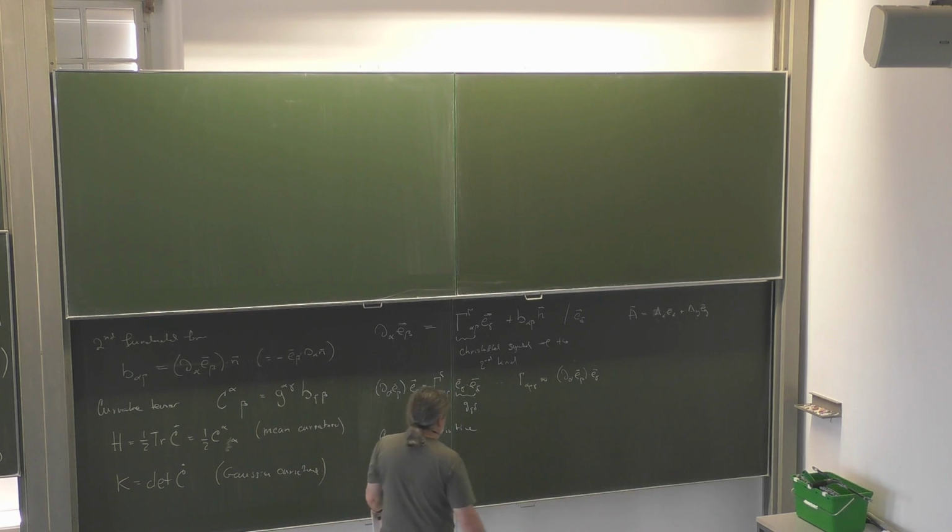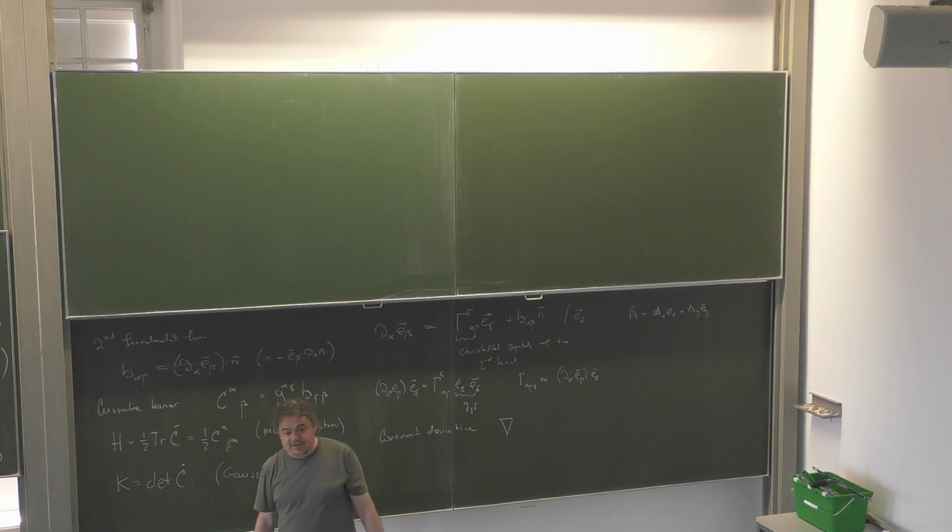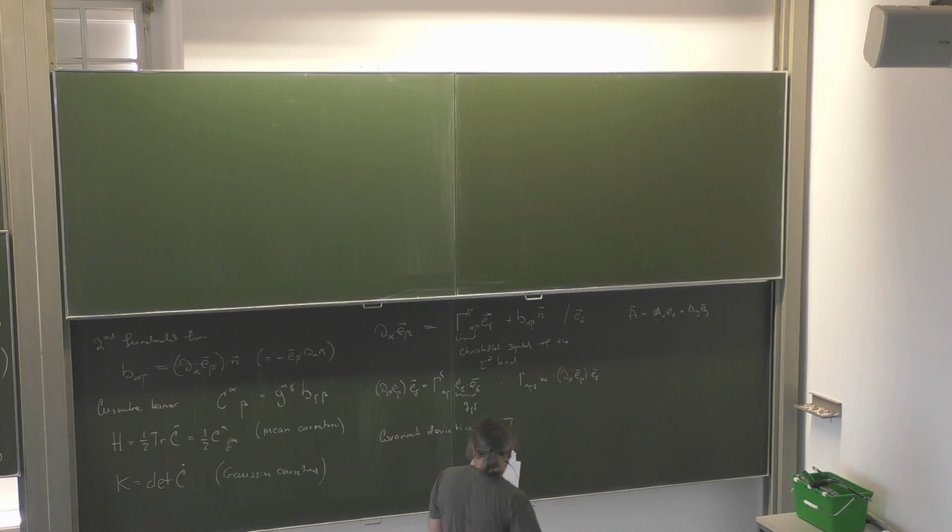I'm going to denote it, but different people denote it differently. I'm going to use a nabla here. Some people use a capital D. So I am going to introduce a covariant derivative, let's say, with respect to E alpha of E beta, which is just gamma.